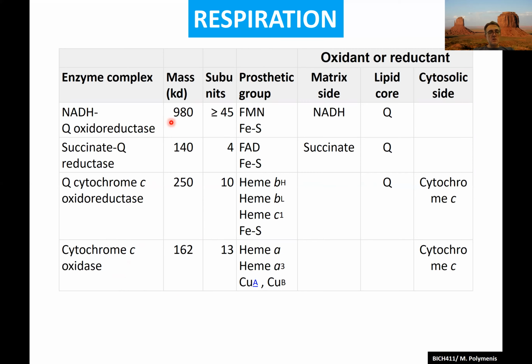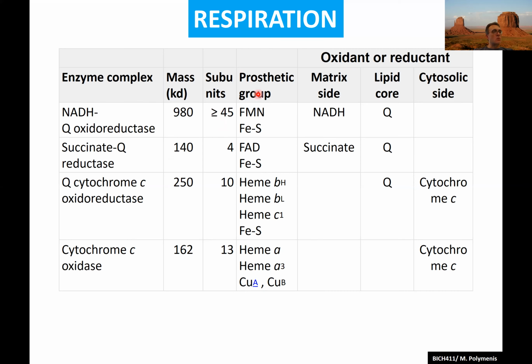So these giant complexes, these are proteins, obviously, giant protein complexes. You see how many different subunits they have. Complex 1 has at least 45 different proteins that make up this complex. Now you see why they're called complexes. Complex 3 has 10, 13.